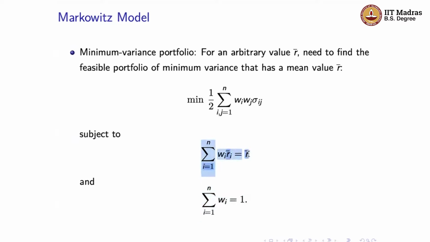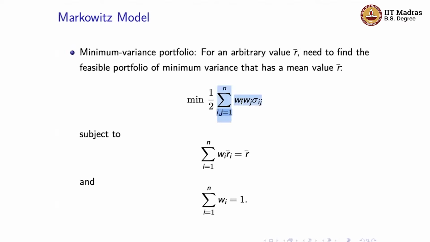So this is where we get this second constraint. And among all such portfolios which meet these two conditions, we want to identify the one which has the lowest variance. So if you see the objective function, it says minimum of half of this expression. And you can recognize that this expression is nothing but the variance of the portfolio, right?